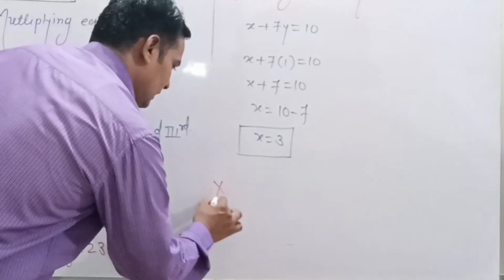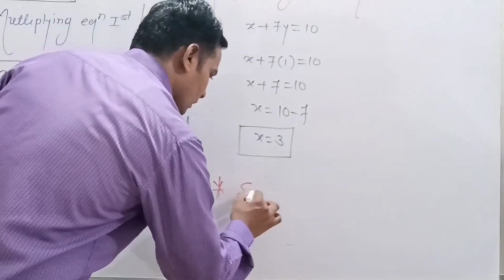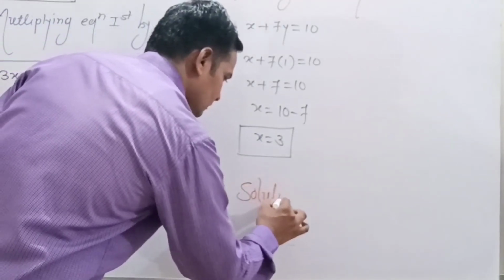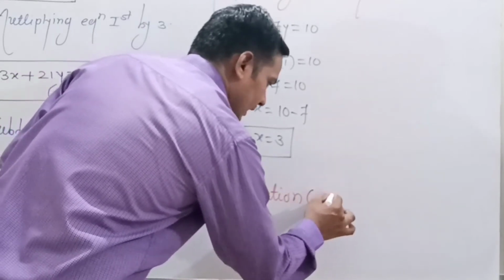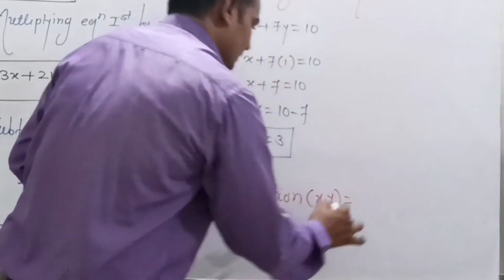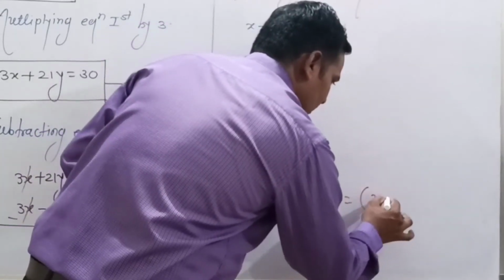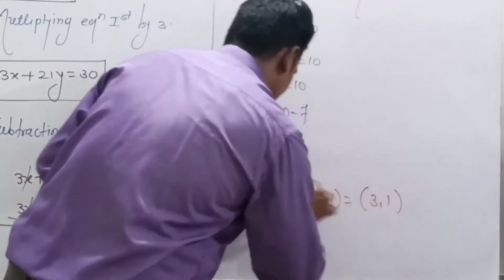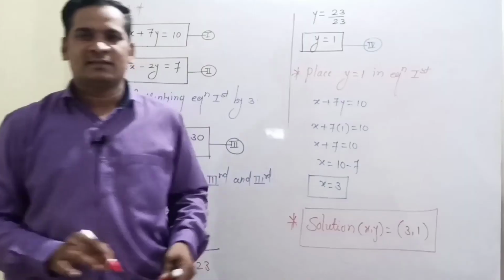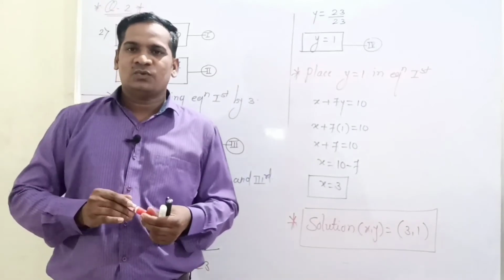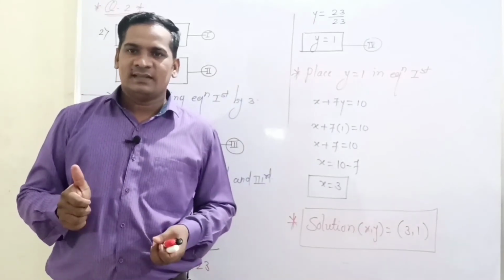So that answer is the solution of x and y, and that is x is equal to 3 and y is equal to 1. Okay, how simple is this? Okay, so let's move toward the next simultaneous equation.